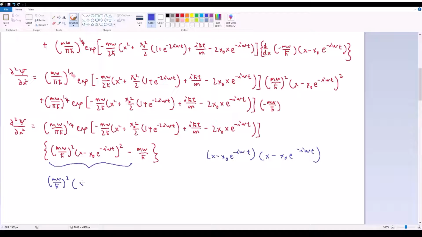This is going to be x² minus 2x₀ x e^(−iωt) plus x₀² e^(−2iωt), subtracted by mω/ħ.